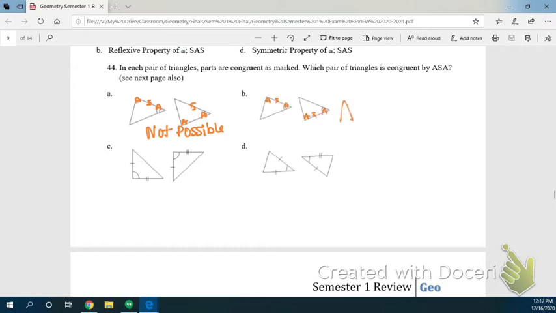So ASA. C is side, angle, side on both of them. And then D is also side, angle, side. Great job.